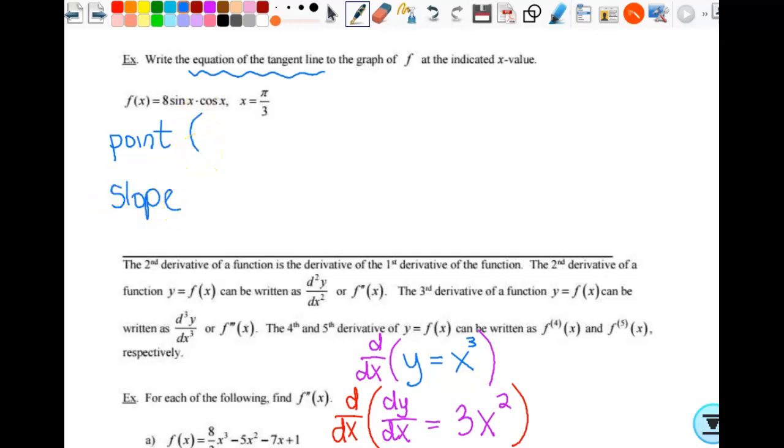The point comes from the function, the slope comes from the derivative. So they're telling us we're going to do this at an x-coordinate of pi over 3. So we need to find the corresponding y-coordinate by substituting the given x-coordinate into the function, and we find the slope using the derivative.